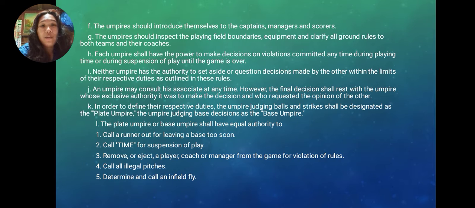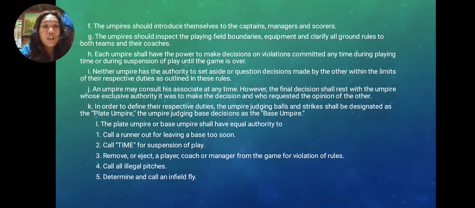Letter I, neither umpire has the authority to set aside or question decisions made by the other within the limits of their respective duties as outlined in these rules. For letter J, an umpire may consult his associate at any time.